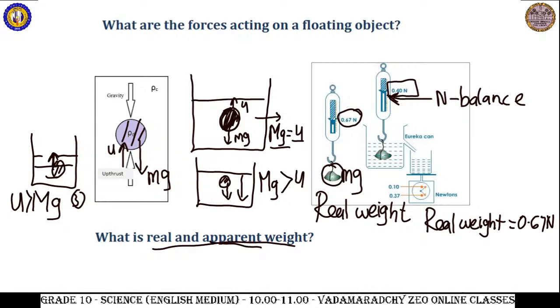We know when we immerse an object in a liquid, an upward force will be exerted. So the resultant force, or the apparent weight, will reduce. So apparent weight is 0.4 Newtons.